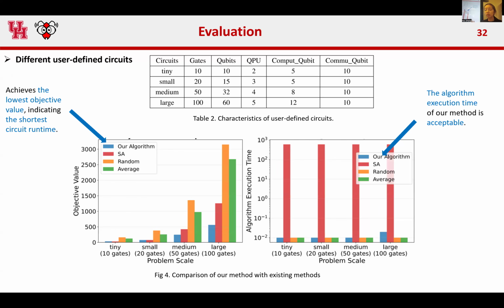The next figure is the algorithm execution time. The blue block is also our algorithm. Compared with the other ones, our algorithm execution time is acceptable, but simulated annealing takes a lot of time.